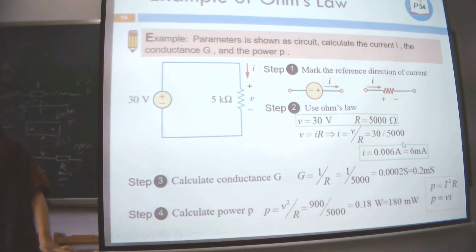The reason is, the I is the result I calculated, while the V is the value given to us. So our V must be correct, and our I might be wrong. So if we have values that are given in the question, we just use them.